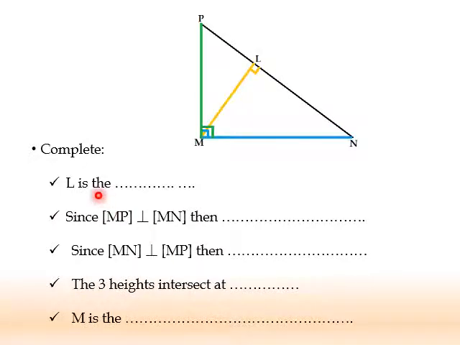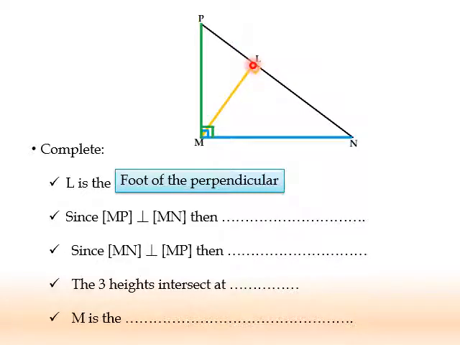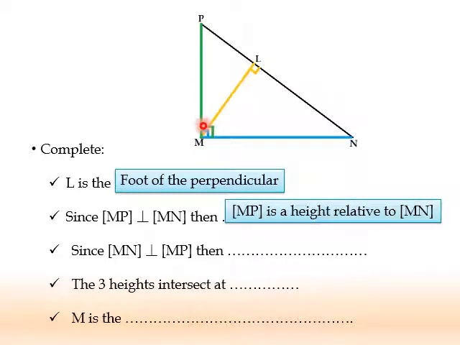Now I have to complete. What do I call L? As we said, ML is the height relative to PN. So L is the foot of the perpendicular. Now since PM is perpendicular to MN, then PM is the height relative to MN.